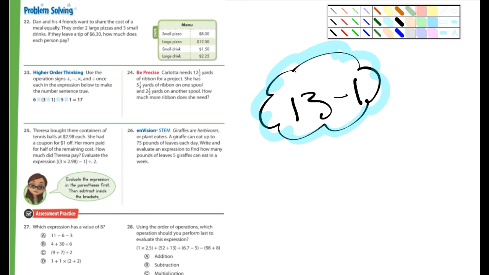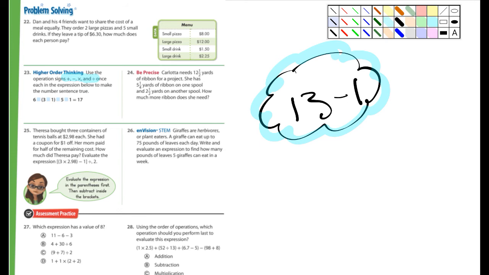How about 23, higher order thinking? Use the operation signs. We've got a plus, a minus, multiply, and divide once each in the expression below to make the number sentence true. Well, it's kind of trial and error there. Some of you may look at it and figure it out right away.